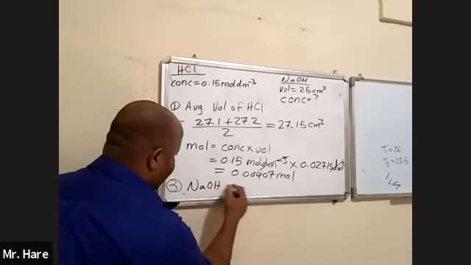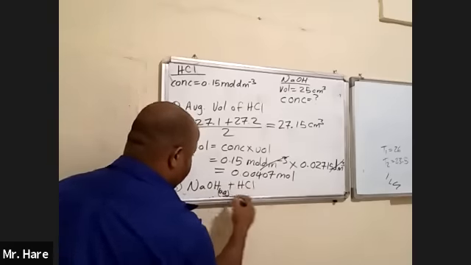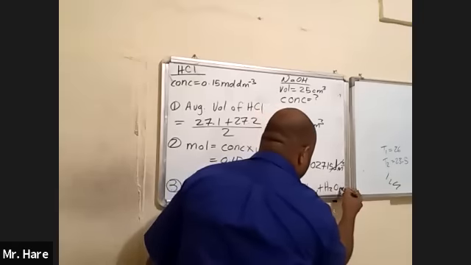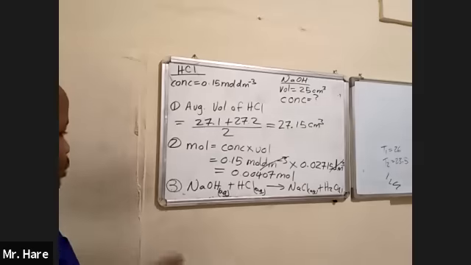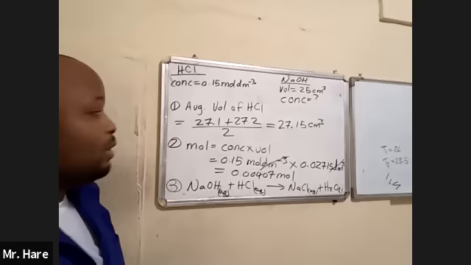So when sodium hydroxide reacts with HCl, what is going to be produced? Sodium chloride and H2O, yeah. That is correct. Remember to put in your state symbols, all of them. What is the mole ratio between sodium hydroxide and HCl? 1:1.